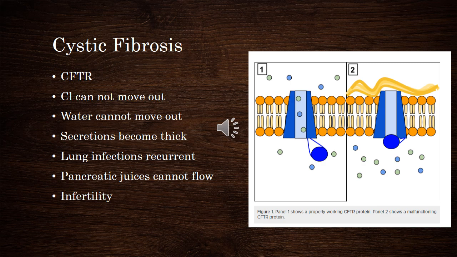That is, it does not allow the chloride ions to pass through it, and so water can also not pass to the canaliculi. So in turn, this leads directly to many of the symptoms of cystic fibrosis, which are thick, sticky mucus, frequent chest infections, coughing, and shortness of breath.